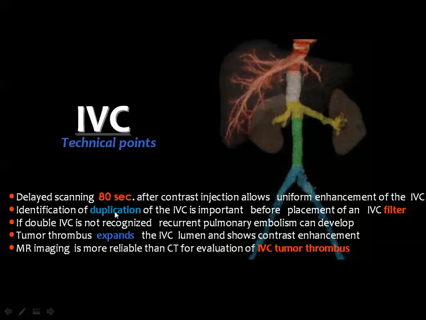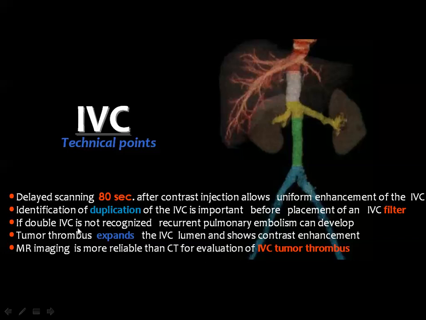In cases of duplication, we should care about the issue of filter placement, so that if the patient had deep vein thrombosis and he has also double IVC, the filter should be placed on both IVC channels.